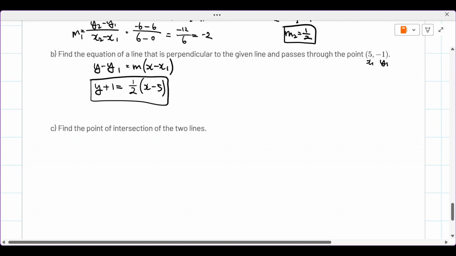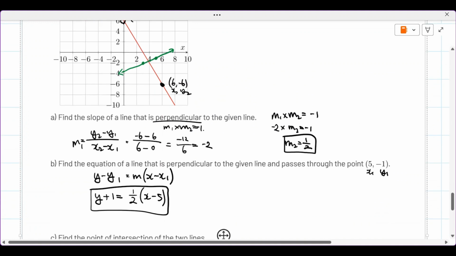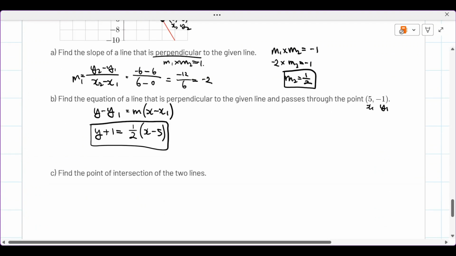Find the point of intersection of the two lines. Basically, I need to find the solution of the equations of my lines. I could estimate roughly, but that's not an exact value. So I'm going to solve it using the graphing calculator.